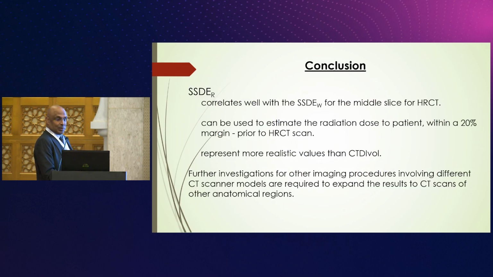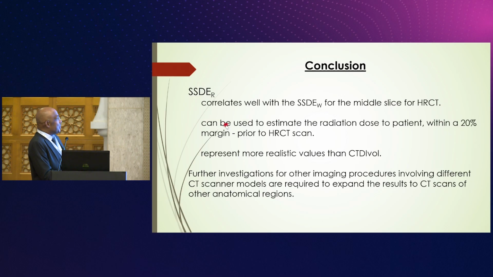So to finally conclude, the size-specific dose estimates from your scan projection radiograph correlate well with your water equivalent diameter ones. Now, the water equivalent diameter was estimated from the middle slice of the scan, and therefore they are sort of average values.